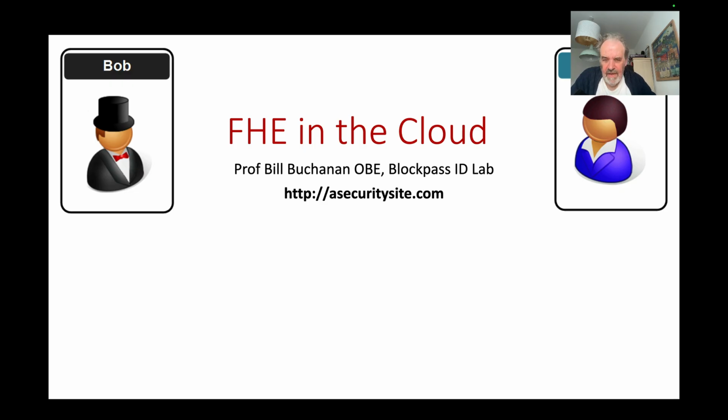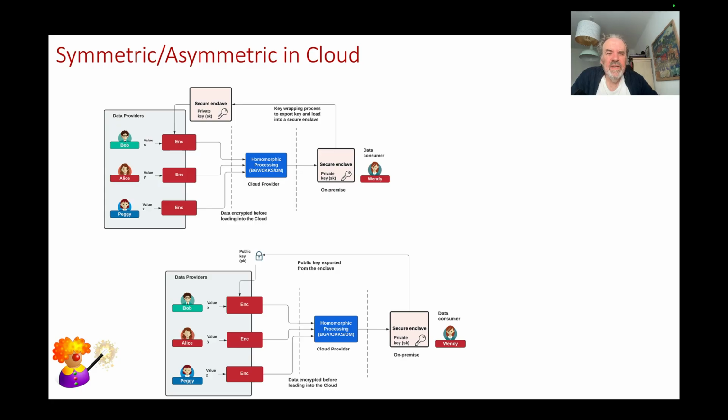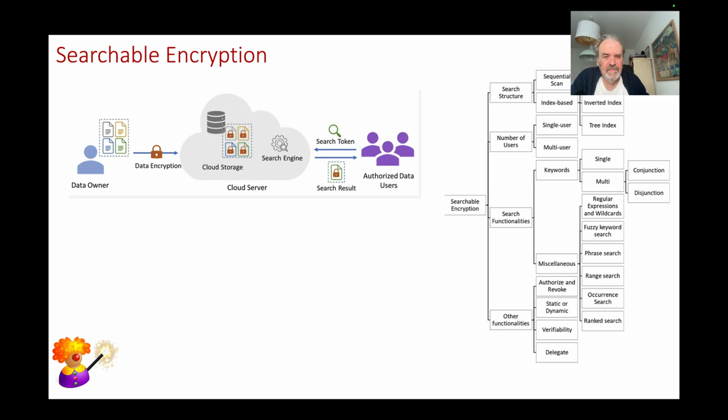Okay, so let's look at some examples in the cloud. As we saw before, we can use a secure enclave to store a private key if we're using symmetric key encryption. Otherwise, we can use a public key to encrypt and then use a private key to decrypt.